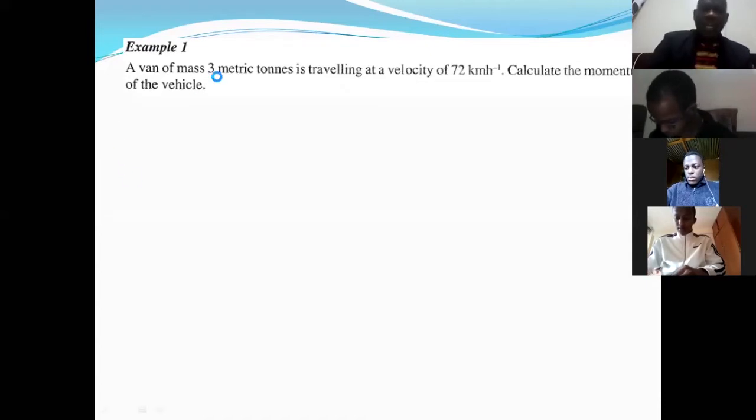When you're working out, try to work out in SI units. Convert the 3 tons to kilograms, convert the kilometers per hour to meters per second.